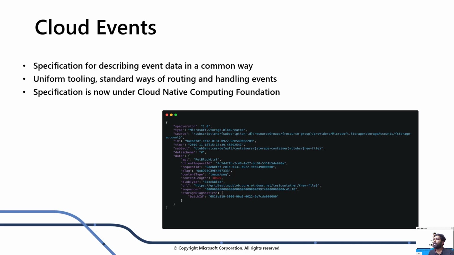And even the internal communications or internal events that are triggered from the Azure platform are based out of this cloud event model. So moving forward, I believe we won't even see the grid event model in the coming days.